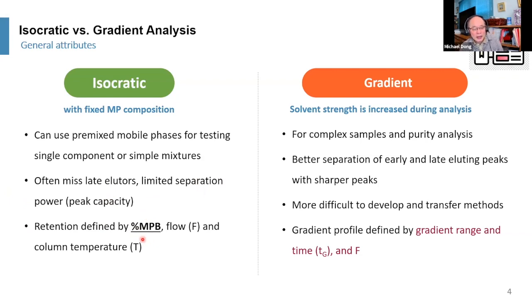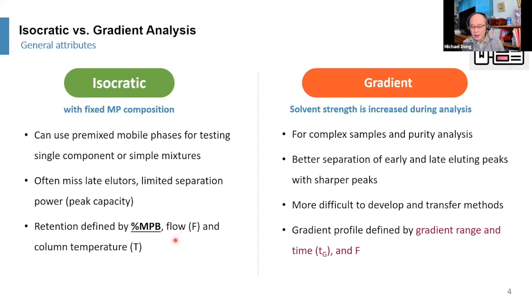In isocratic analysis, the retention is defined by the percentage of mobile phase B, the flow rate, and the column temperature, right? But the mobile phase B is most important. So you define that first. The flow rate actually is pretty mundane because typically we set our flow rate to be 1 mL per minute.